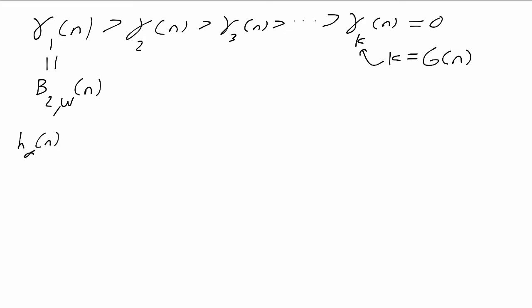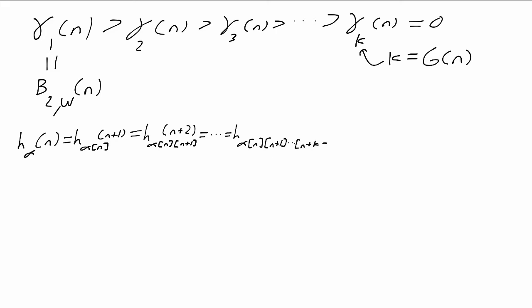If we calculate h alpha of n, this is equal to h alpha bracket n of n plus 1, which is h alpha bracket n plus 1 of n plus 2, and so on. And the sequence of ordinals, alpha, alpha bracket n plus 1, and so on, is also a decreasing sequence of ordinals.